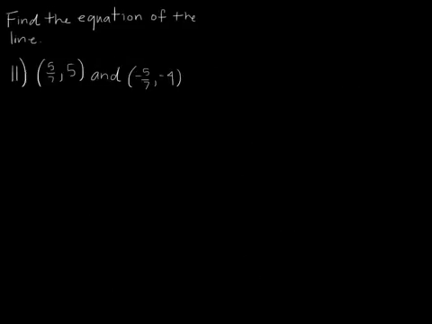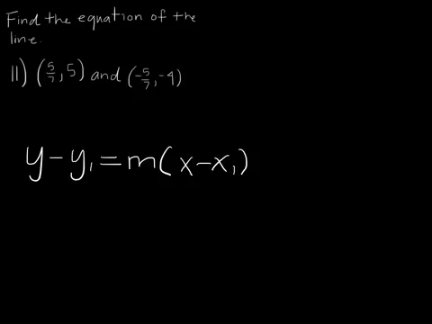Moving on to number 11, we want to find the equation of the line which contains the points (5/7, 5) and (-5/7, -4). It helps, I think, to write down the equation for a line, and I find using point-slope form is often the easiest because all you need is a point and the slope.